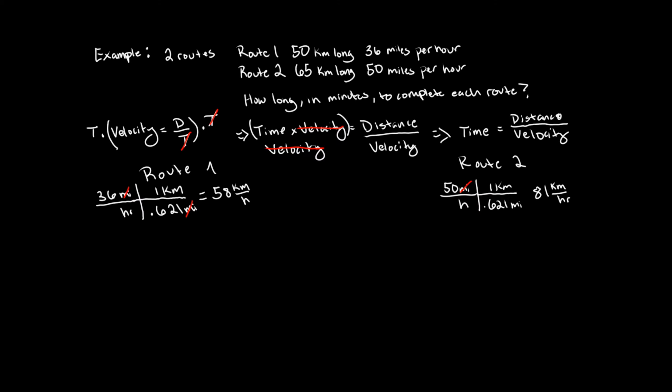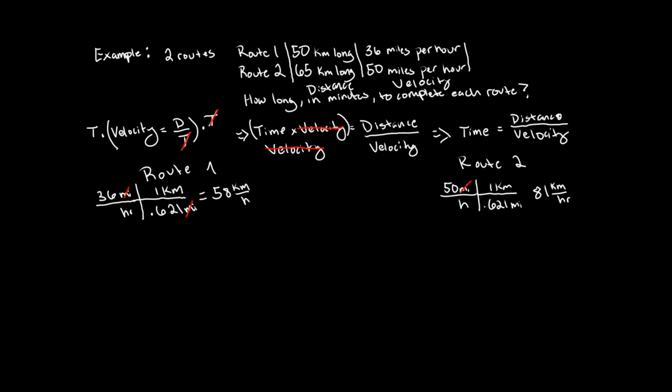Okay, so we have our velocity, and we know that we've converted it into kilometers per hour, which was important because of our distances. Here's our distance, and then this section over here, this is our velocity. So we have a distance and a velocity, and we're trying to find a time. All we need to do now is plug these things into our equation.